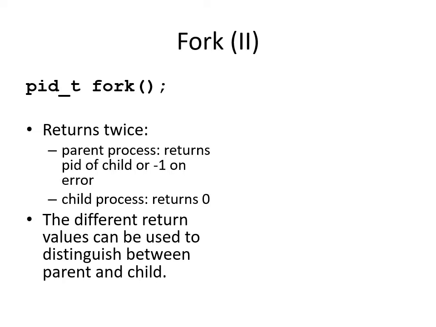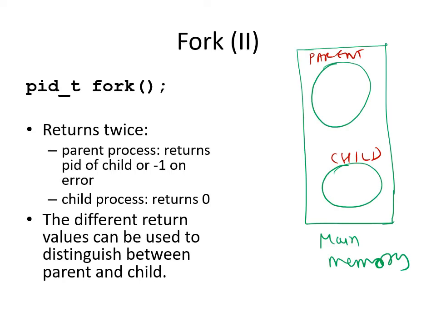However, it is important to realize that these variables and data structures present in the child process are copies of the original variables and data structures in the parent process. They are not exactly the same. If we look at the memory representation or memory allocation of the parent and the child processes, we'll find that both the parent and the child processes have different memory address spaces allocated to them.